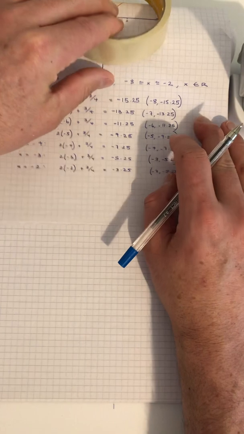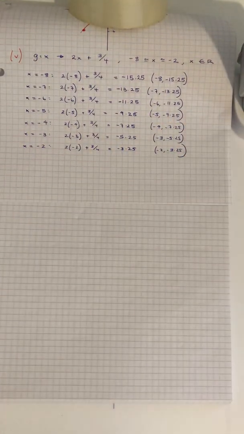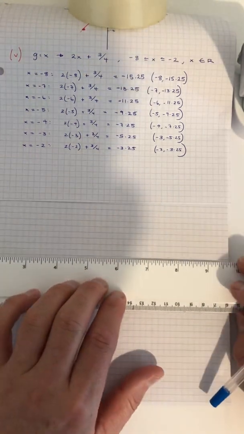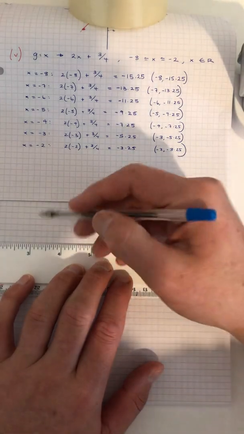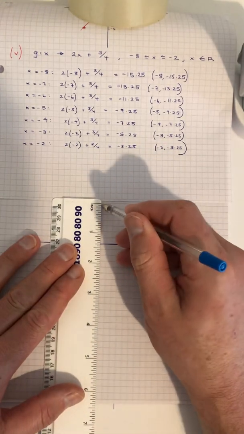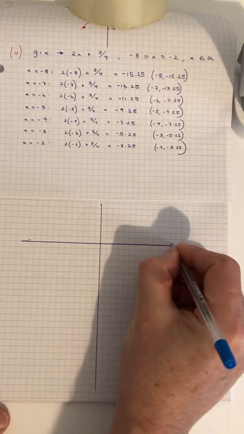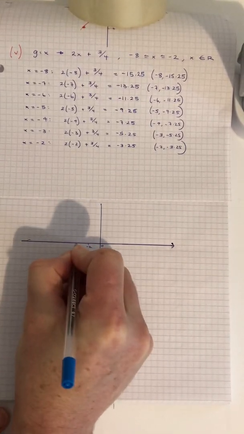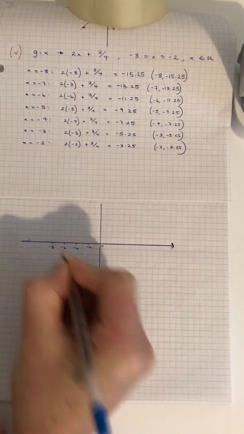So, let's see how we get on. Alright, so now this graph is going to be a bit trickier, right? So it's all minuses really. So I'll go down a good bit. There's no pluses. So 0, minus 2, minus 4, minus 6, minus 8.